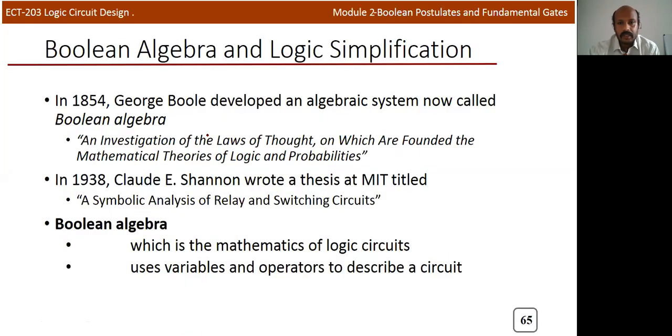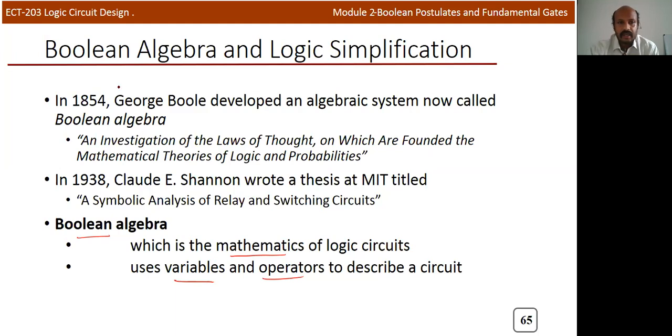So actually, Boolean algebra is a mathematics which is used in logic circuits. Okay. And in Boolean algebra, instead of the circuit, we are using variables and operators to describe that particular circuit.